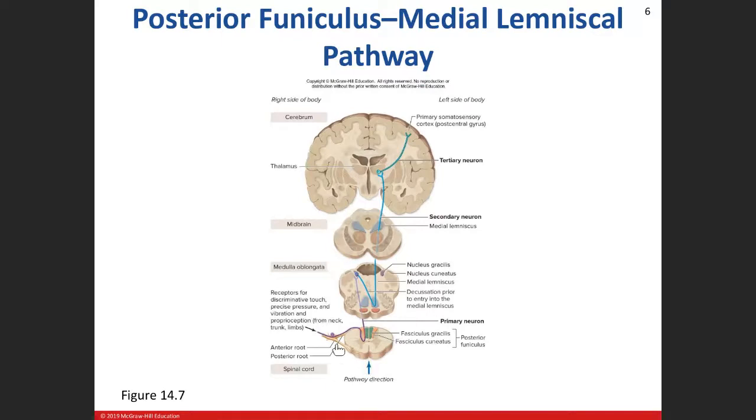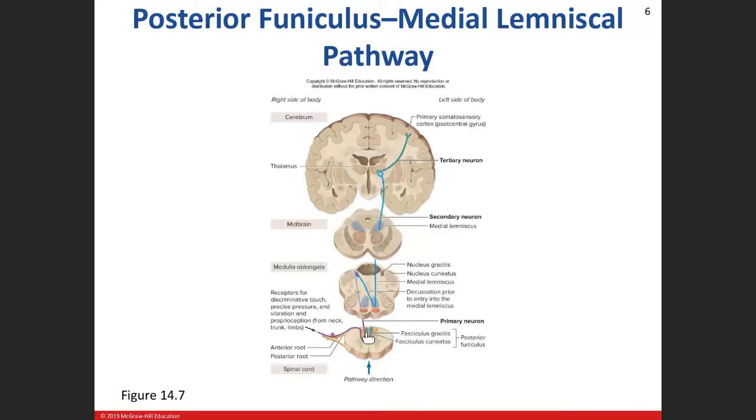Right here, okay? So here's your sensory neuron. It comes in, and its cell body is located here in the posterior root ganglion. It enters into the back portion of the spinal cord. This is the sensory, or the dorsal or posterior root. It enters in this back area of the spinal cord, and that is called the posterior funiculus.